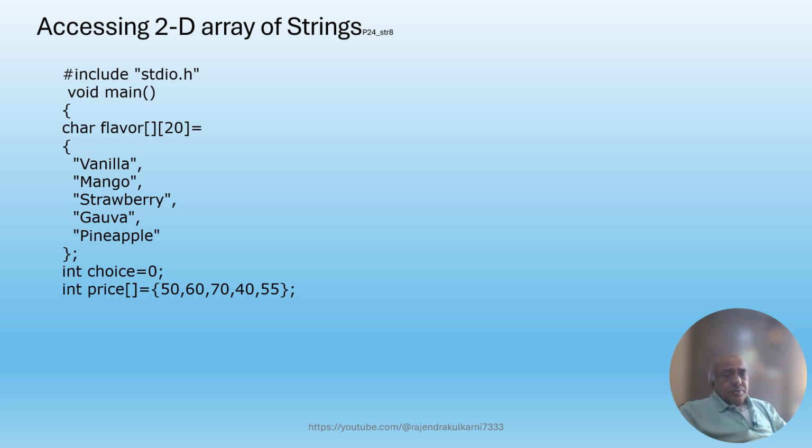So the 0th element of the array is the price of the 0th element of the flavor appearing in the 2D string flavor. So the sequence of the prices which we want to assign to each flavor has to be the same as that of the names of the ice cream flavors that we have mentioned in the 2D array of strings.